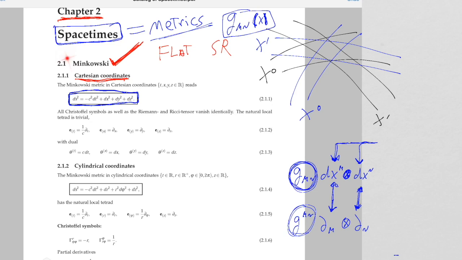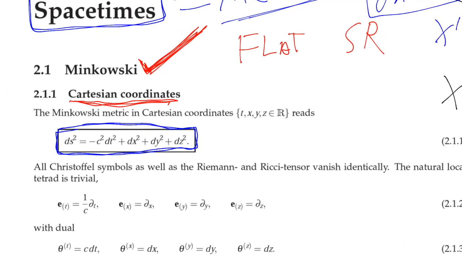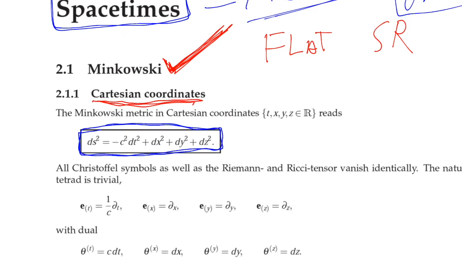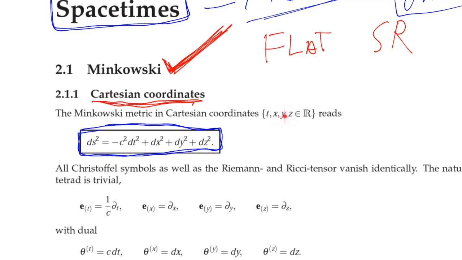And so it talks about the space-time, which is referring to a metric, and it says that metric for the Minkowski spacetime, which is flat, if I have Cartesian coordinates, meaning I have four real numbers, every point in space-time can now be written as t, x, y, and z.